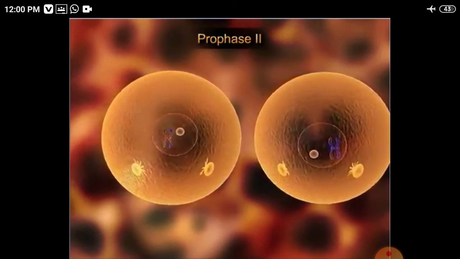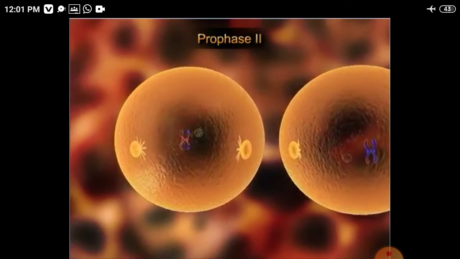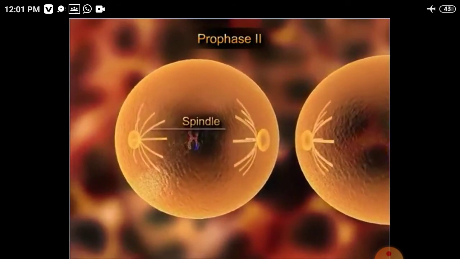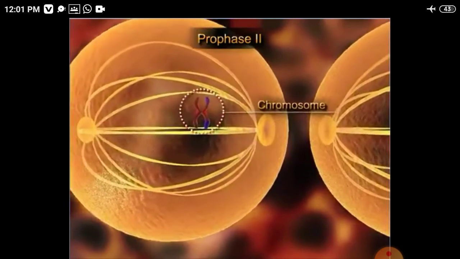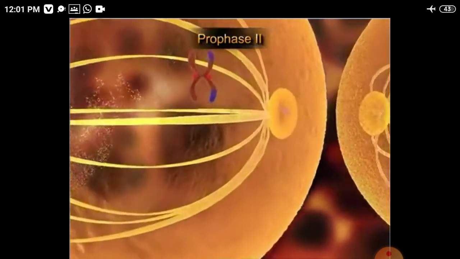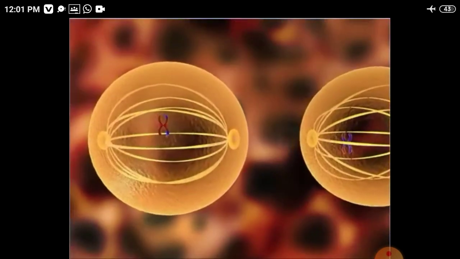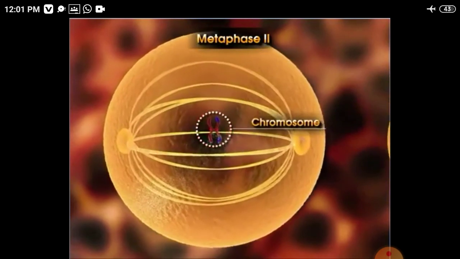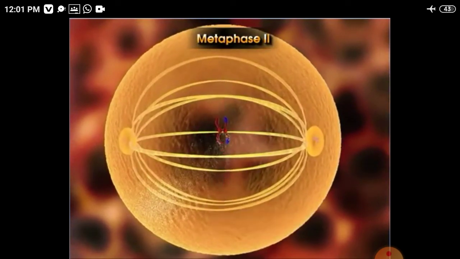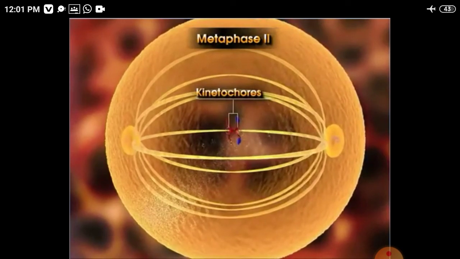During this phase, the nuclear envelope and the nucleoli disappear, and the spindle is formed with the help of the microtubules. In addition, the chromosomes recondense during prophase II and become compact. Prophase II is followed by metaphase II, during which the chromosomes align along the equatorial plate and the microtubules attach to the kinetochores of the chromatids.